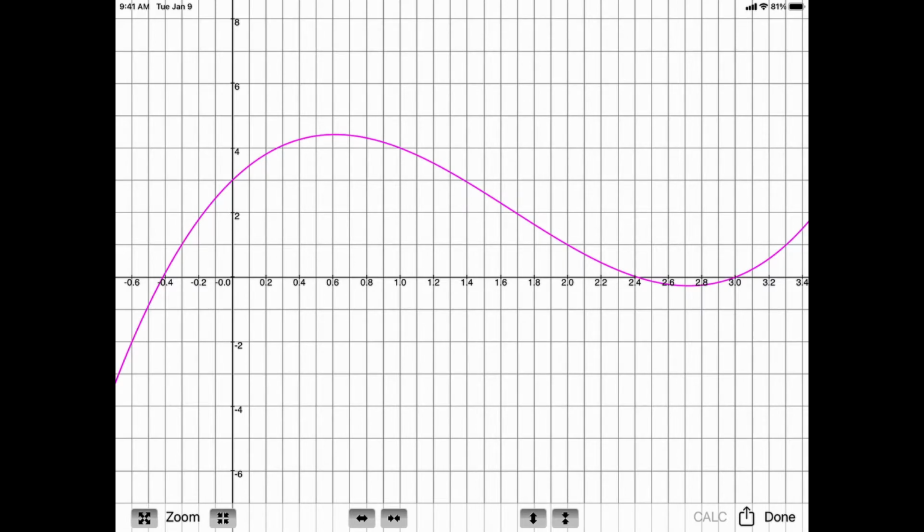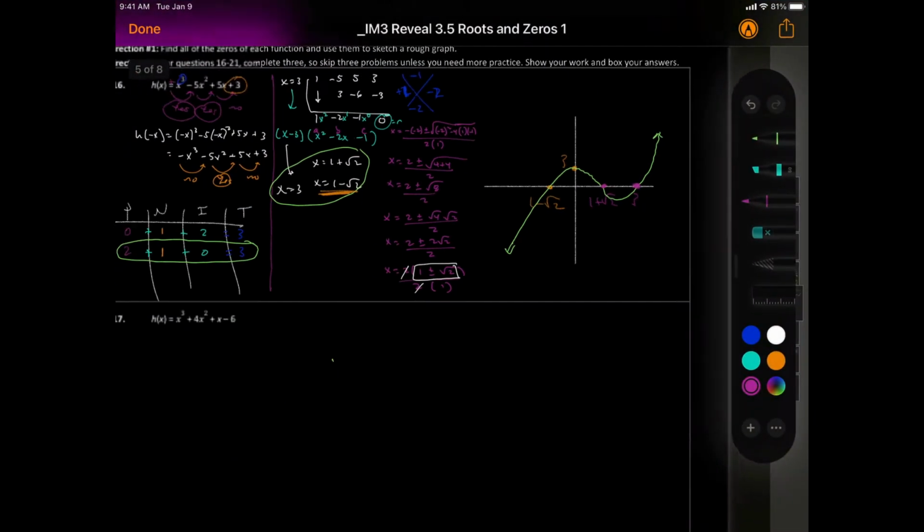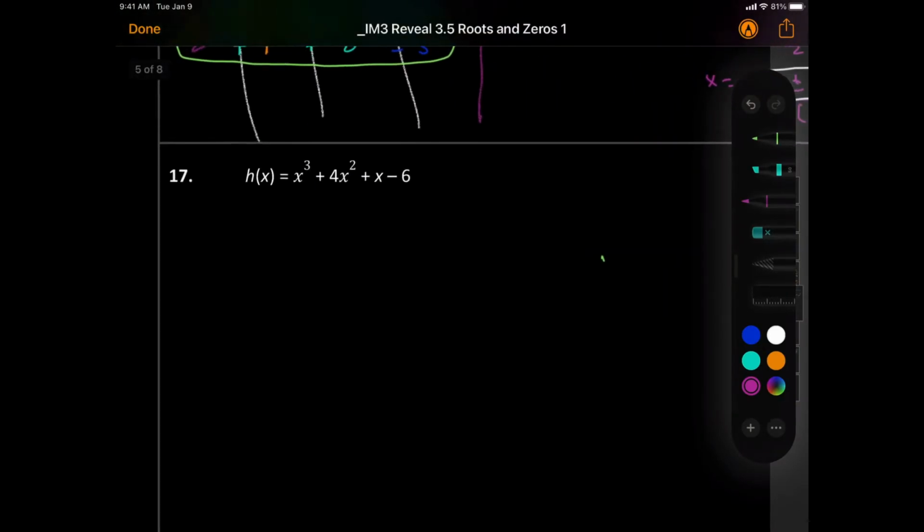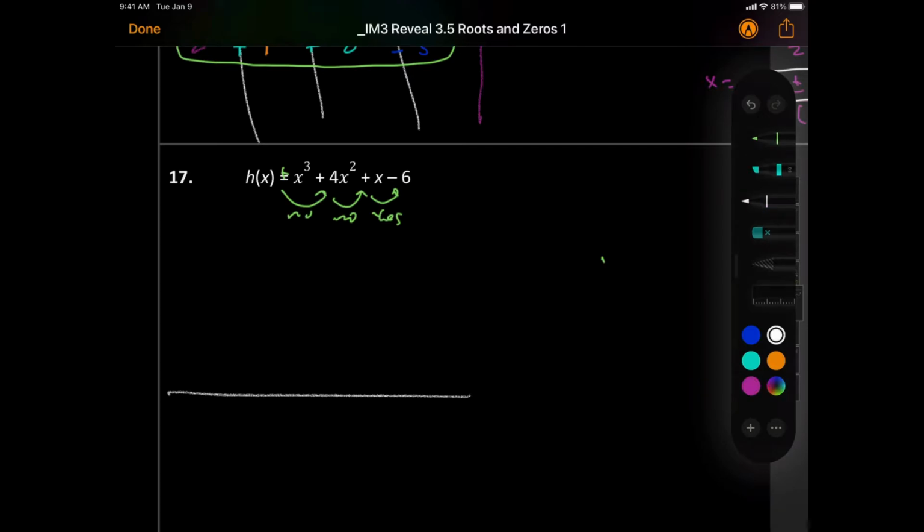Okay. Let's go on now to question number 17. Let's count. This is a positive, so no, no, yes. So in our chart, we have 1 yes. And our total is 3.